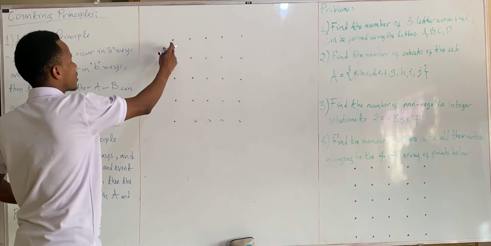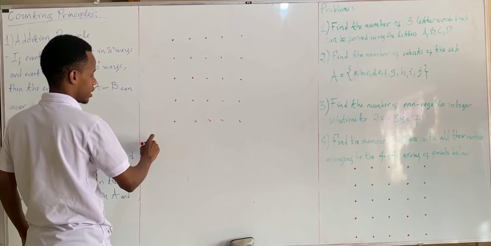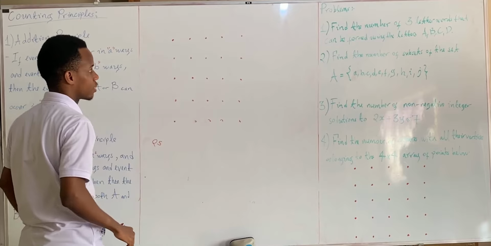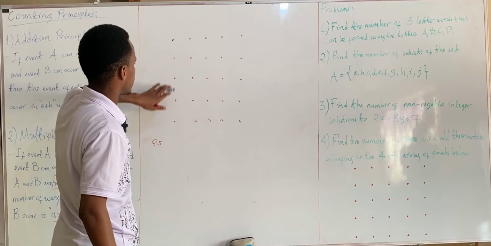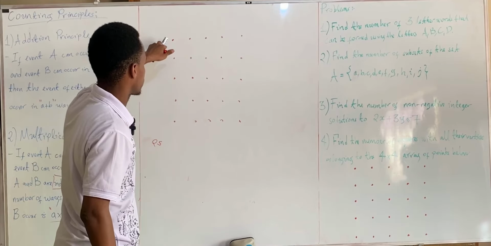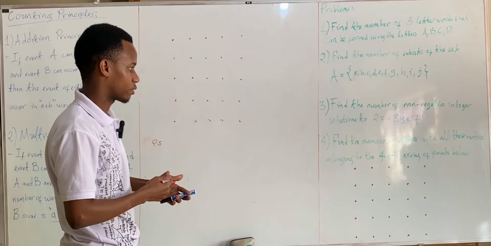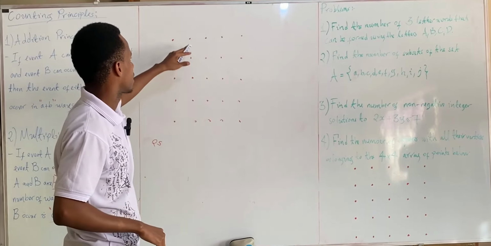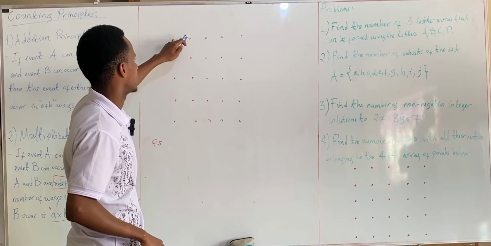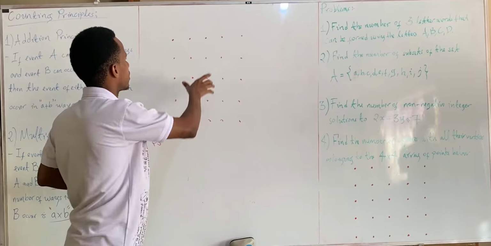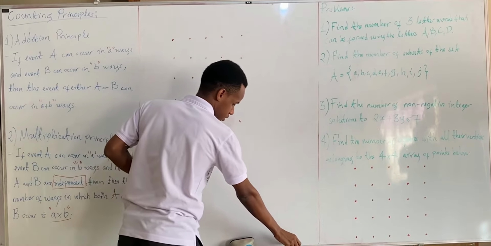So there are 5 times 5, a total of 25 points, which are on like a lattice point. They are forming these lines vertically and horizontally, and we have to find the number of squares whose vertices are contained in these points.